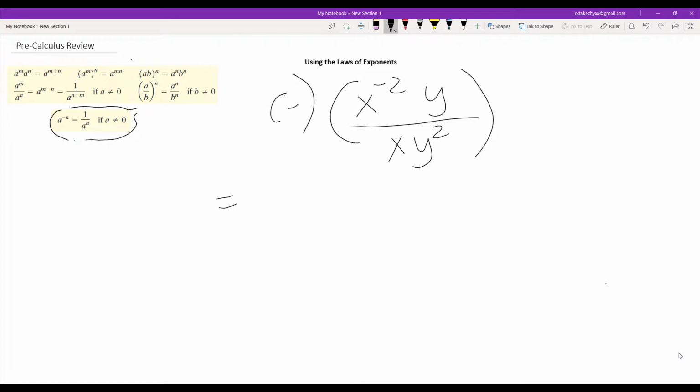So in this case, our a is simply x, and our n will be negative 2. You see the difference? Okay.